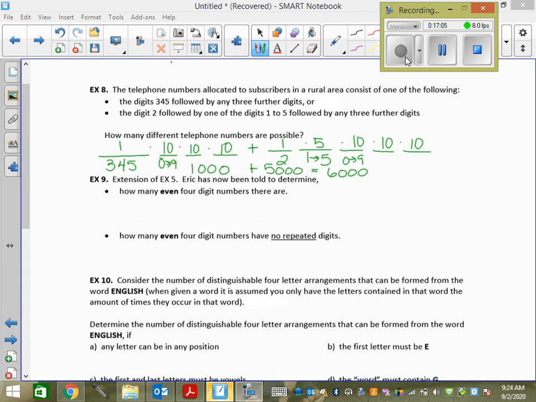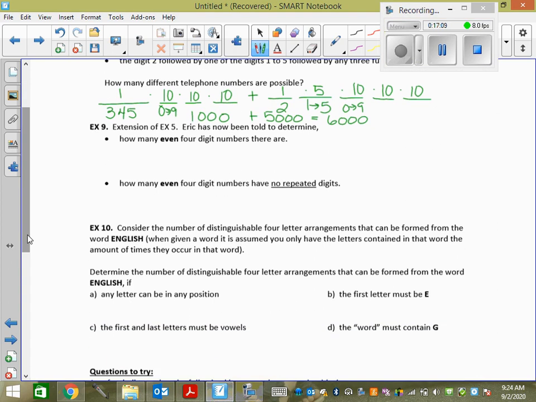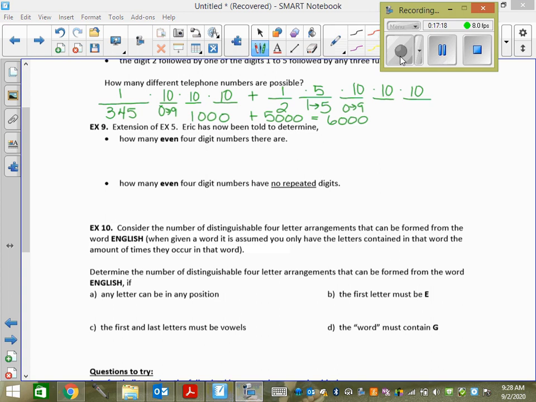Okay? You guys try example 9, bullet 1, and then try example 9, bullet 2, but make sure to do it in a pencil. So how many even 4-digit numbers are there? So we know that even means just that this has to be 0, 2, 4, 6, or 8, right?